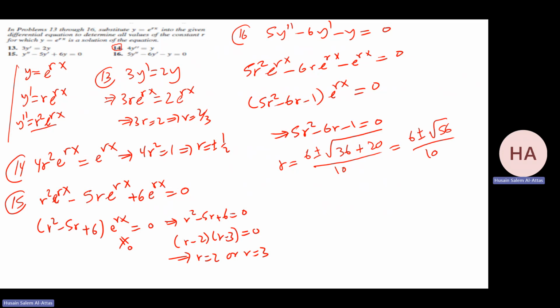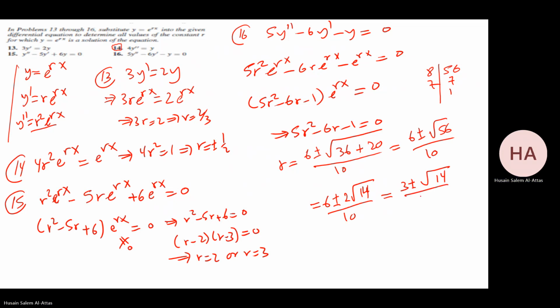You can simplify it. 56 is what? 56 over 8 is 7. So that gives me 6 plus or minus, I have 4 times 14, that will be 2 square root of 14 over 10. So I can simplify this, 3 plus or minus square root of 14 over 10.